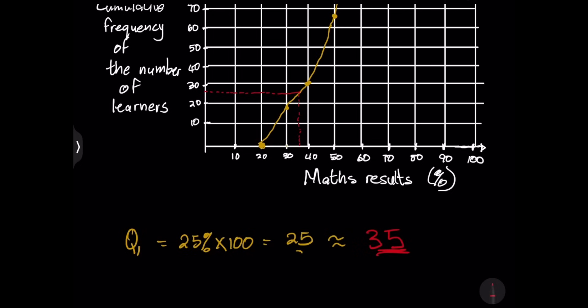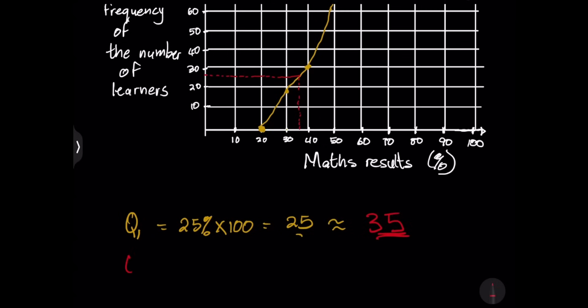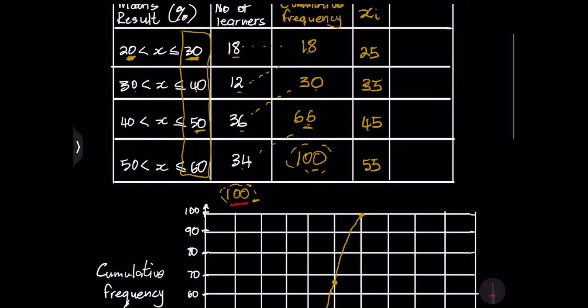Okay, if I wanted to find quartile 2, remember we are talking about the median. Sometimes they would say to you, find the median of the data. Remember, quartile 2 is 50% of your data, so that's 0.5, or 50 over 100, multiplied by the total number of learners.